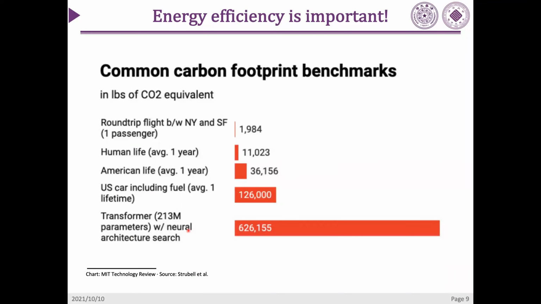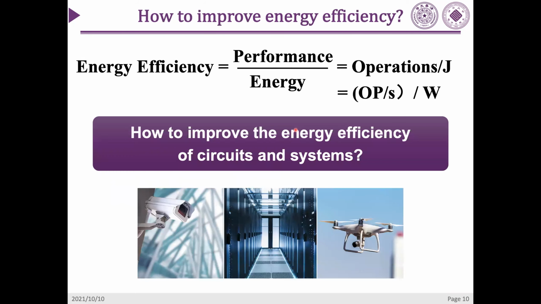You can see that if you are trying to train a transformer with neural architecture search, it will consume much more carbon footprints comparing with other kind of a human life or American life or a US car, including fuel, lots larger number comparing with all these equivalent carbon footprints. So how to improve the energy efficiency of circuits and systems for the neural nets is very important.